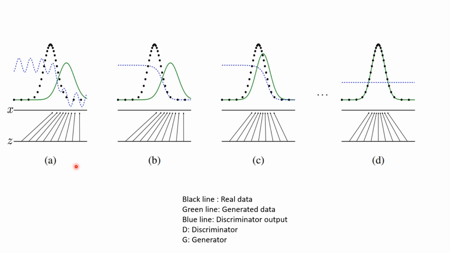This visual graph illustrates the training process of a GAN. In these figures, the black line is the distribution of the real data. Green line is the generated data from the generator G, and blue line is the output of discriminator D. In figure A, G is mapping the Z samples to a location in data space that does not accurately represent the concentration of real data.